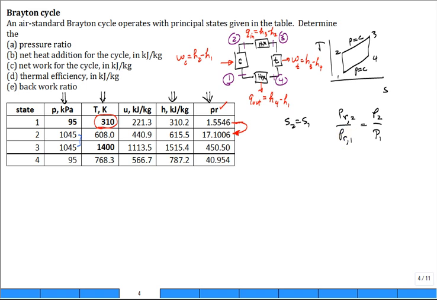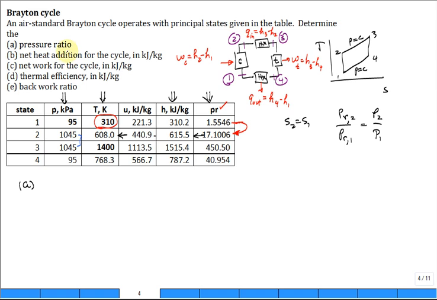So that's how this table was built. It was built by getting P_R1, multiplying P_R1 by the pressure ratio to get P_R2, knowing P_R2, coming across and interpolating to get H2 and T2. True? All right.